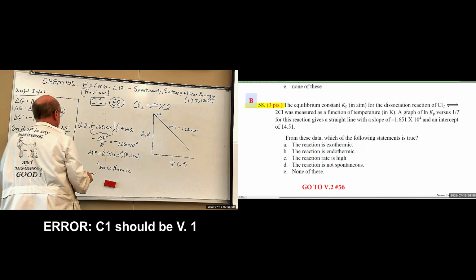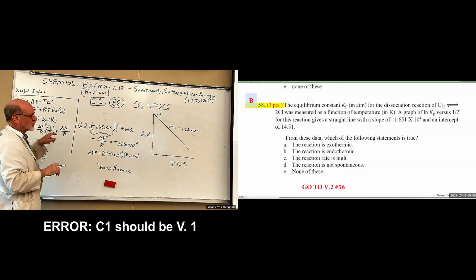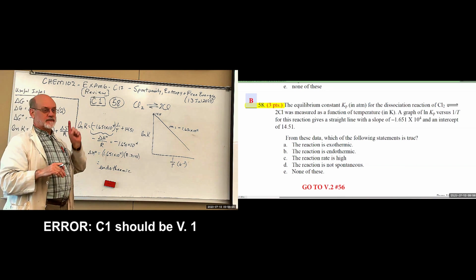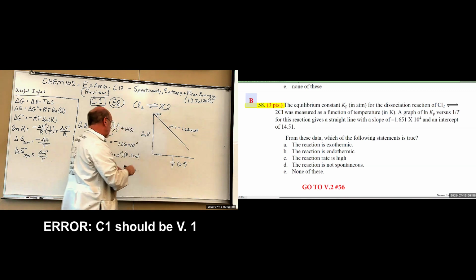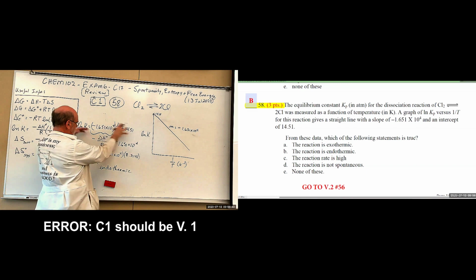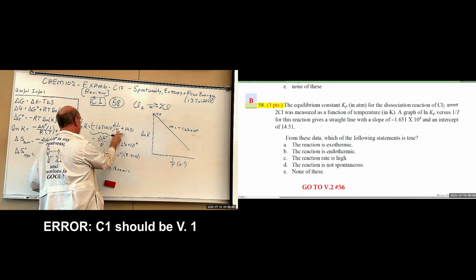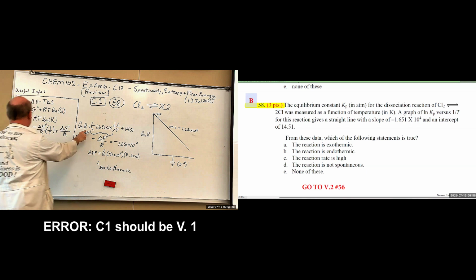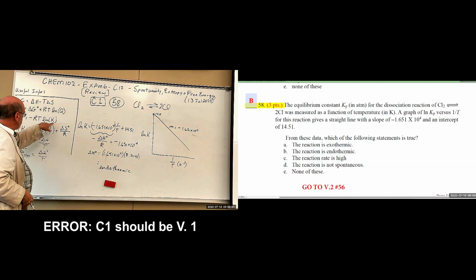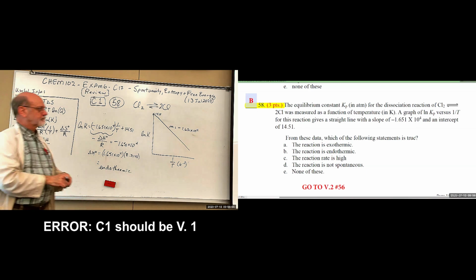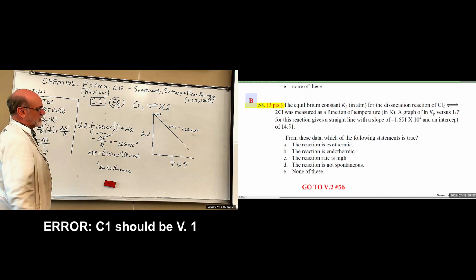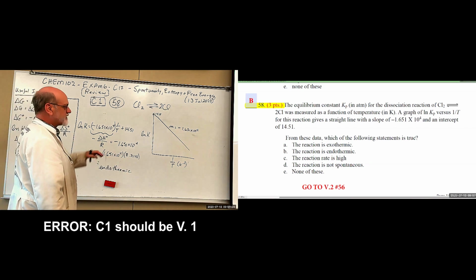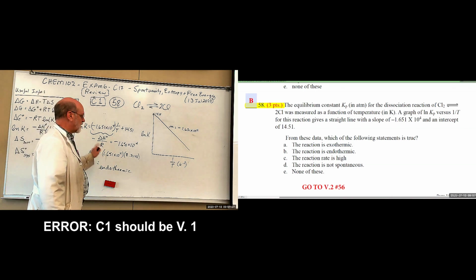It doesn't say. We could determine whether it's spontaneous or not if we know the temperature. But we've got lots of different temperatures here. If we could plug in a temperature, we could find out what K is. Then we could put K in here at that temperature and find out what delta G is. But we can't do that because we don't know what the temperature is. So it's several temperatures. All right, so the best answer here is endothermic. It's a positive delta H.